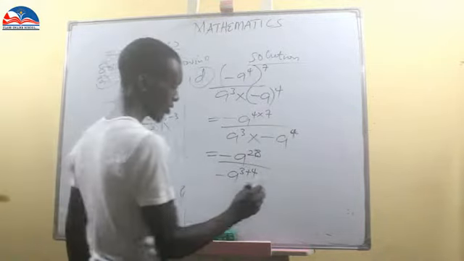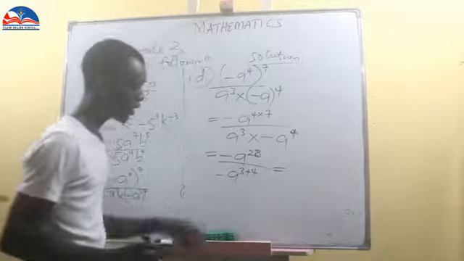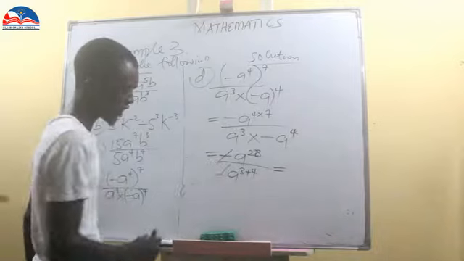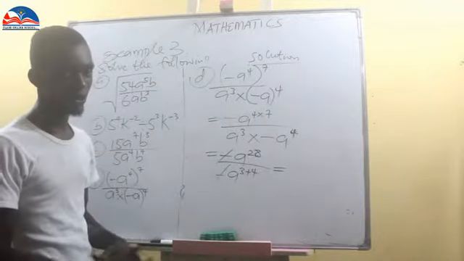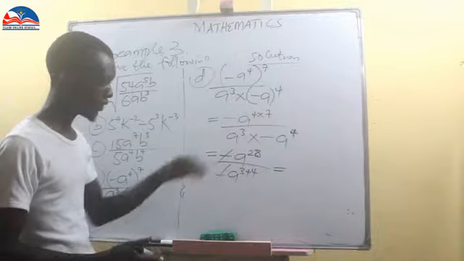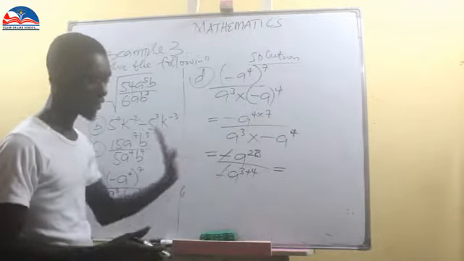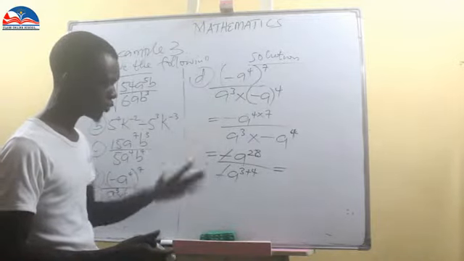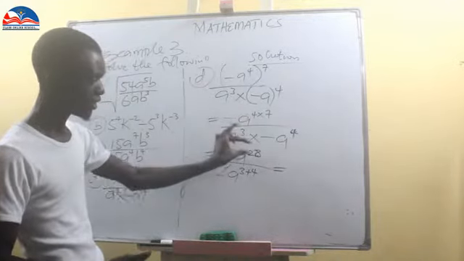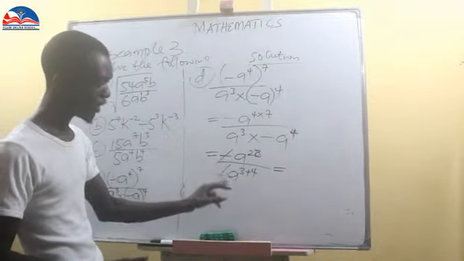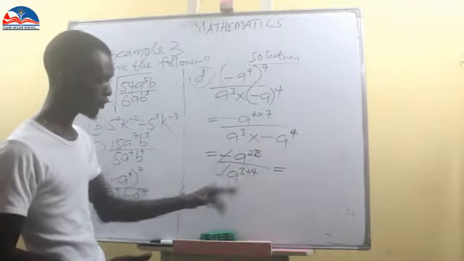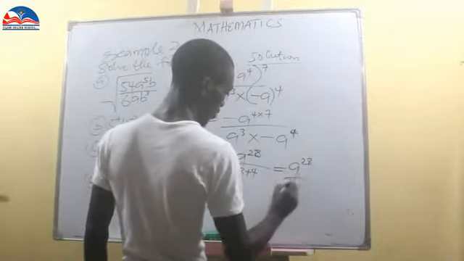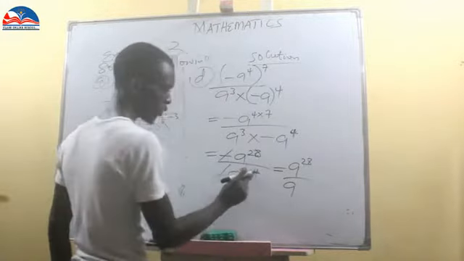So this will give us, minus divided by minus. Minus cancels minus. The negative sign should leave us. We are left with A index 28 over A index 3 plus 4.